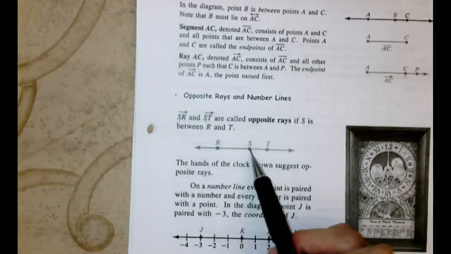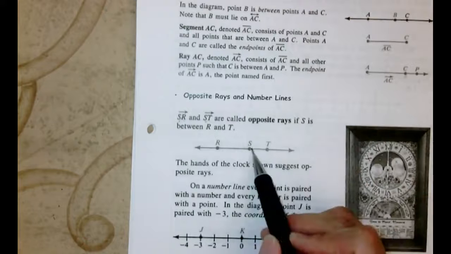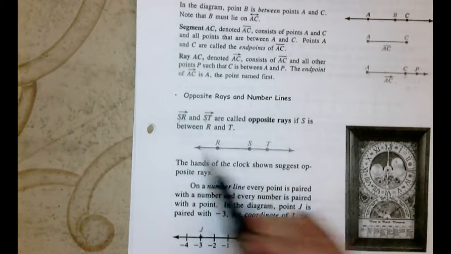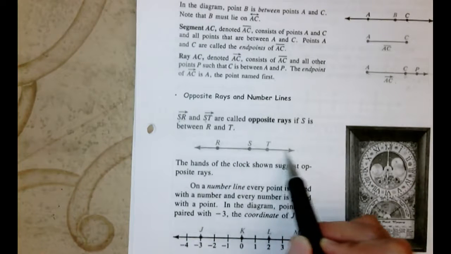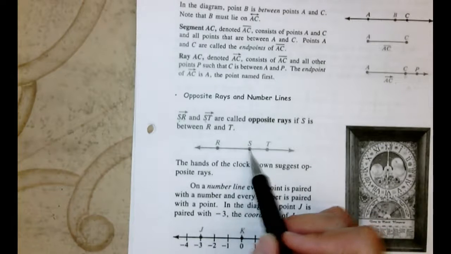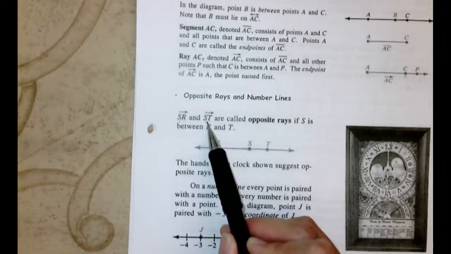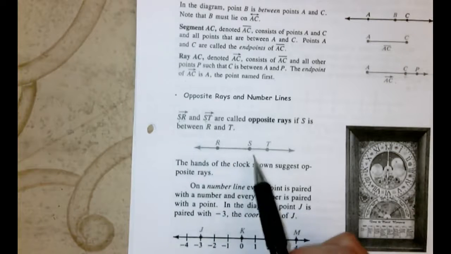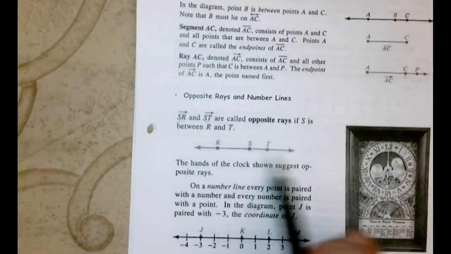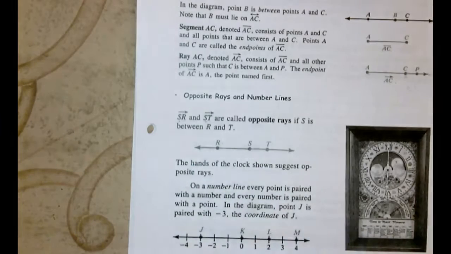If S is between R and T, the directions have to go opposite, right? Starting here and all the points this way, starting here and all the points that way. That means the points in ray SR and the points in ray ST do not overlap except for point S only. Those are called opposite rays.